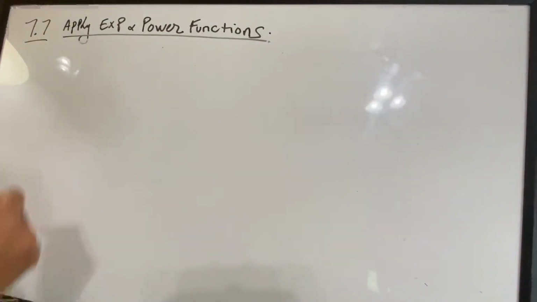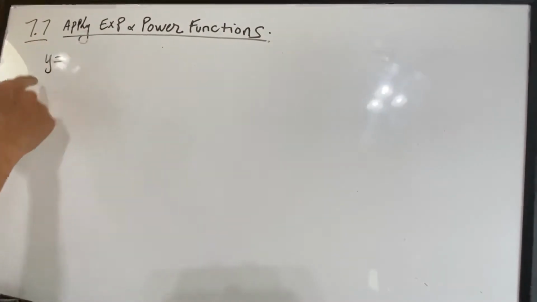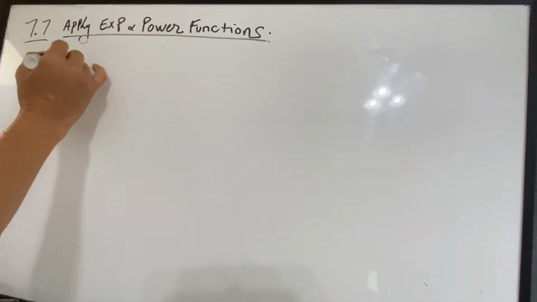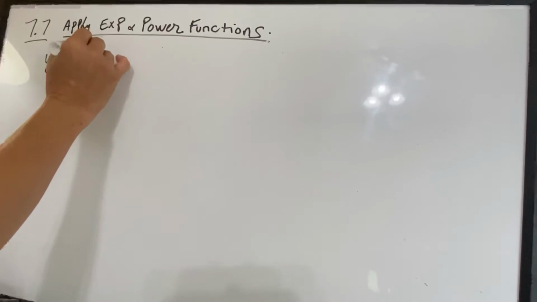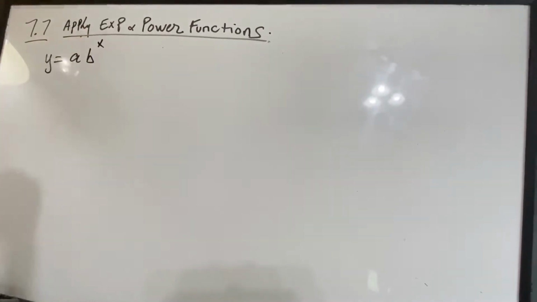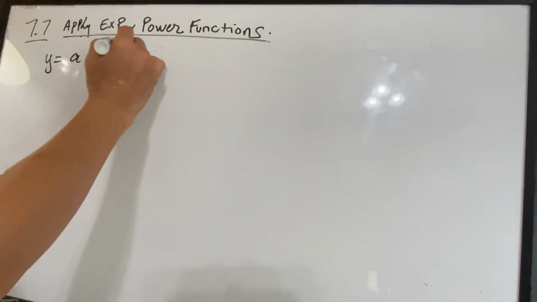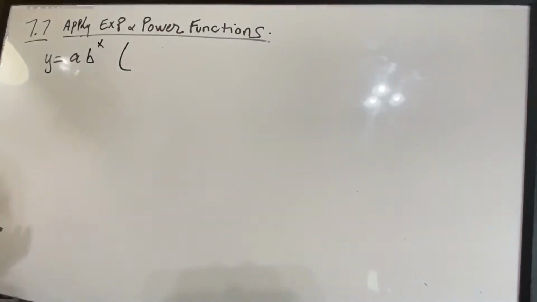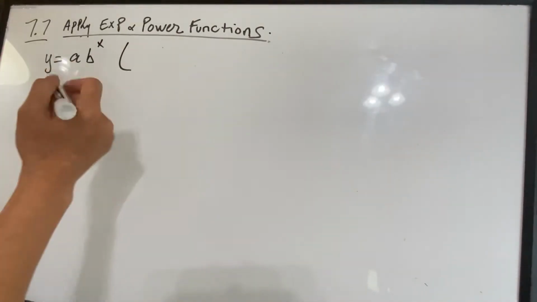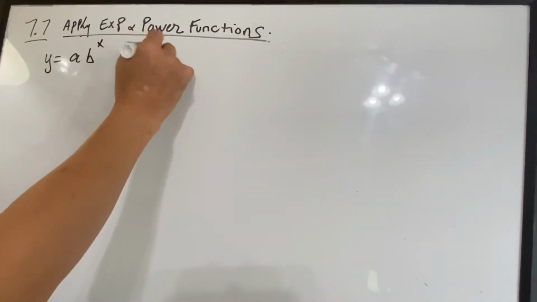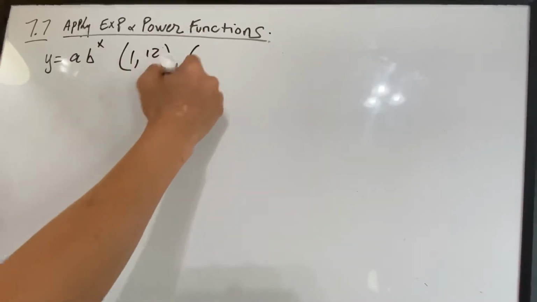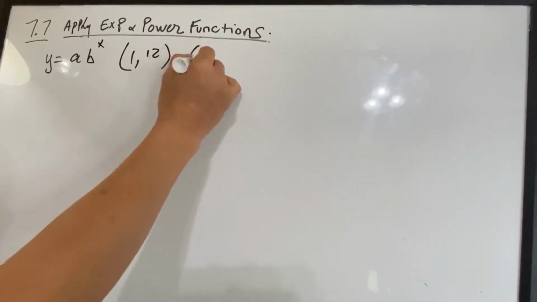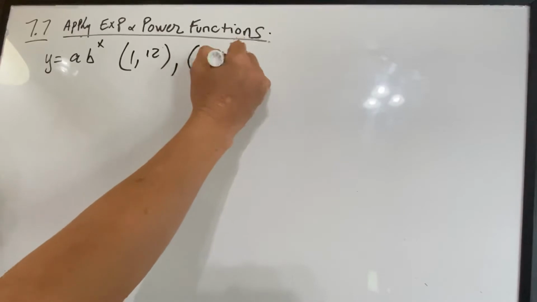Example. Suppose you have a function right here. This is the exponential function y equals a times b to the x. Now, if you are given 2 points that this graph crosses, and that is (1, 12), that's your x, that's your y, and it crosses another point which is (3, 108).